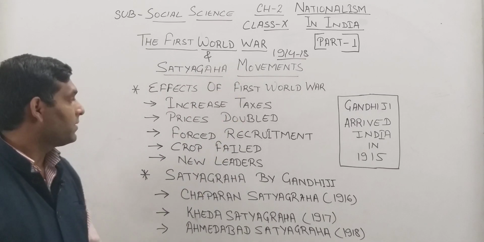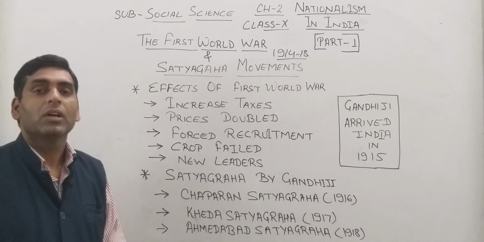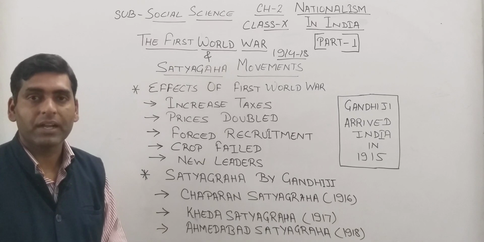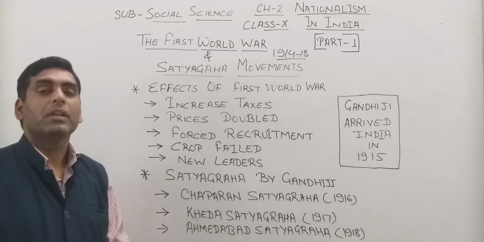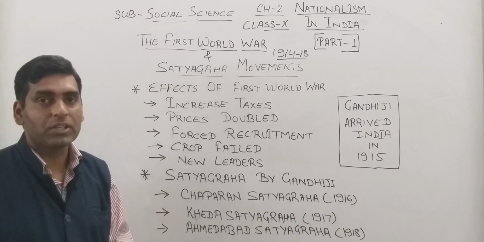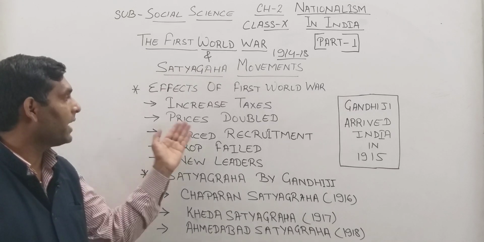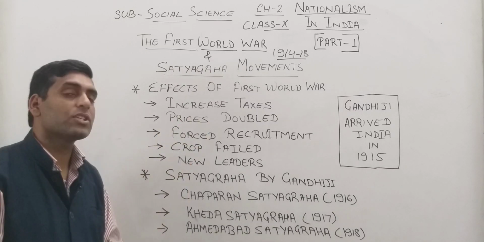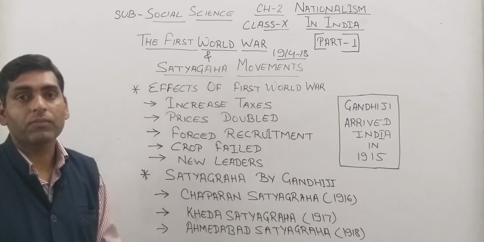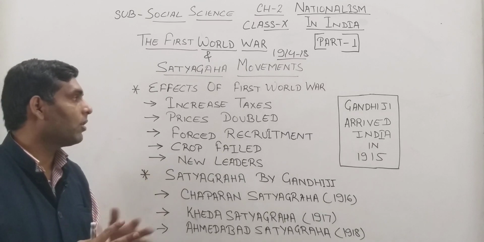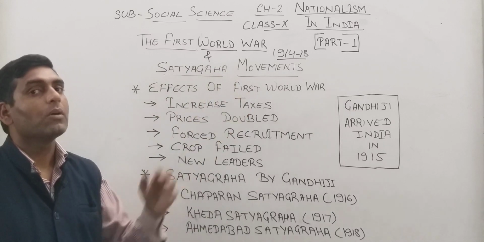Second, prices doubled. Most of the raw material produced in our Indian society was transferred to the British nation to continue their industrial production, because of the war, the industries in Britain did not receive a proper amount of raw material. So most of the raw material was exported from India to Britain.